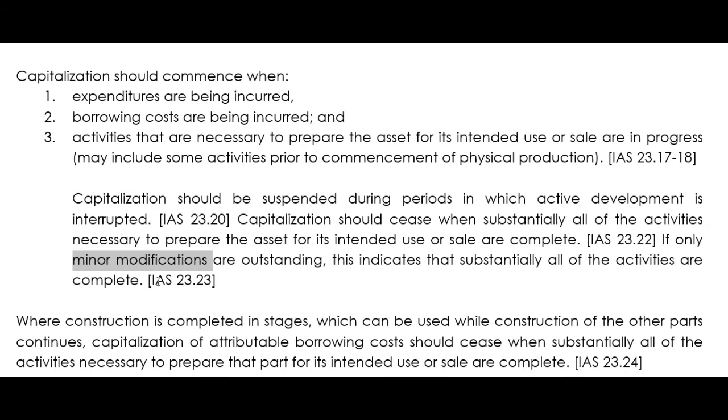In other words, the asset is practically ready, and you're only changing aesthetics, or the portion for the asset to become more pleasing to the site. So that's your consideration there.